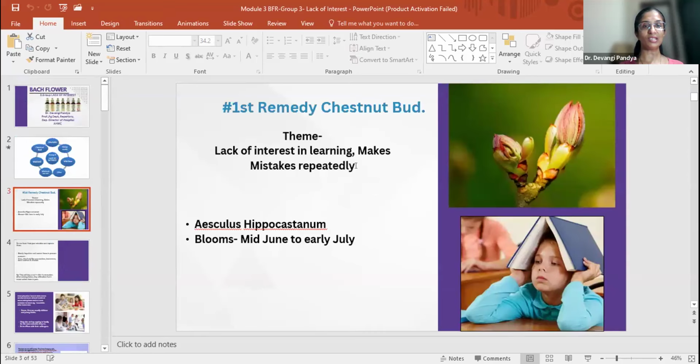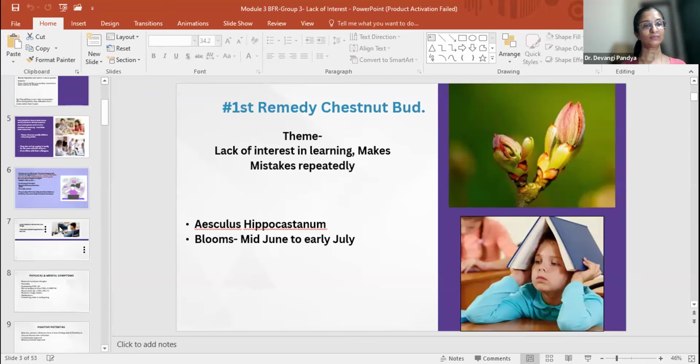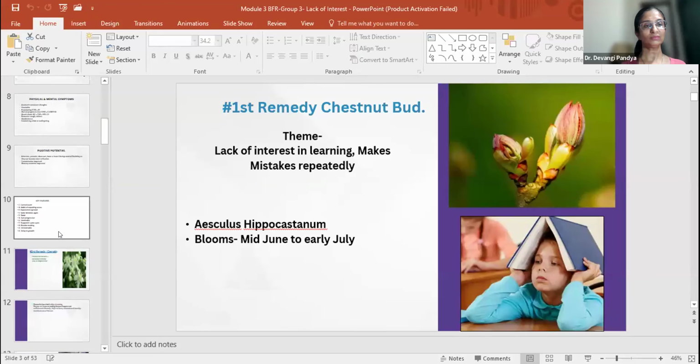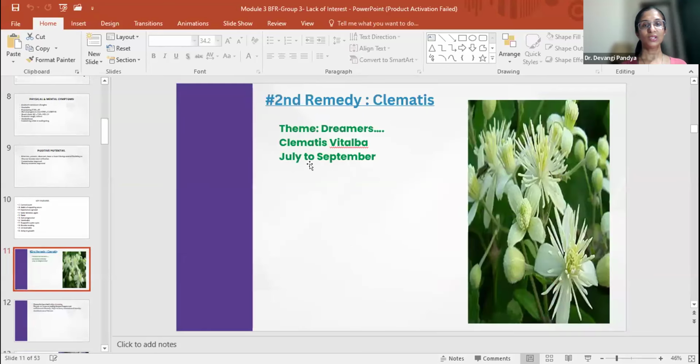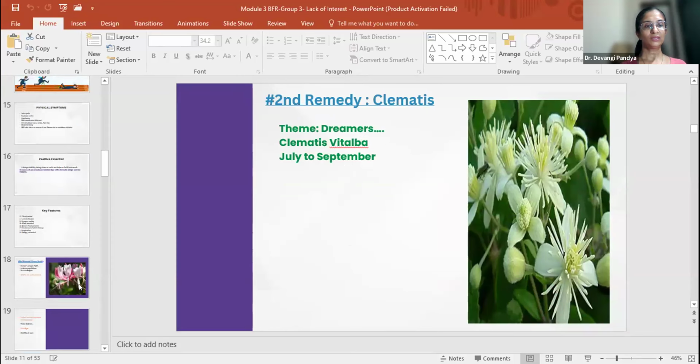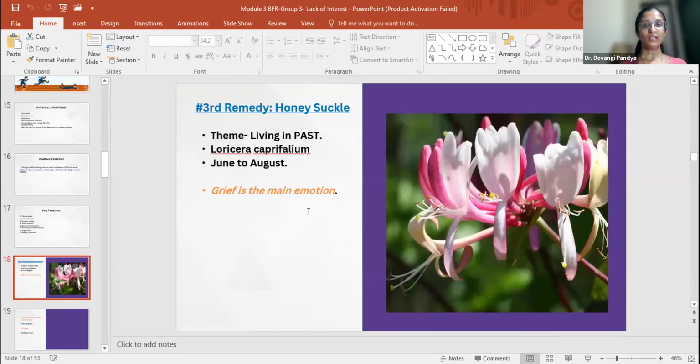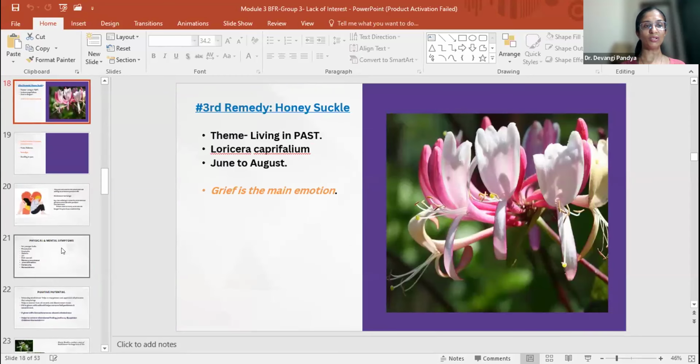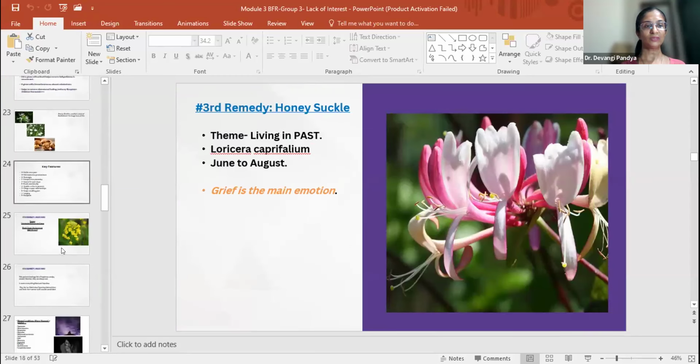The first one is for lack of interest, where there are repeated mistakes. This is clematis for dreamers. Honeysuckle for living in the past.